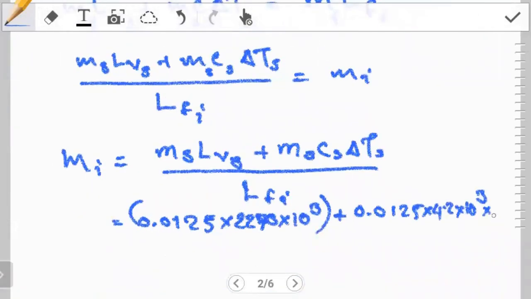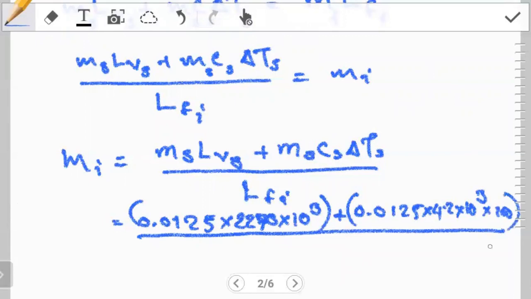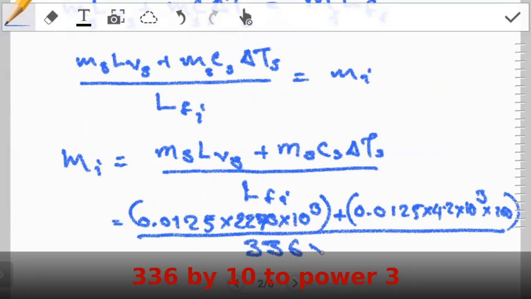Okay, so that's 100 we're going to use. This is all divided by the latent heat of fusion of ice. So that is 336 by 10 to the power 6. Again, notice that for the temperature, I just got that difference. Whether you use it in Kelvins or in degrees Celsius, the difference will still be 100.